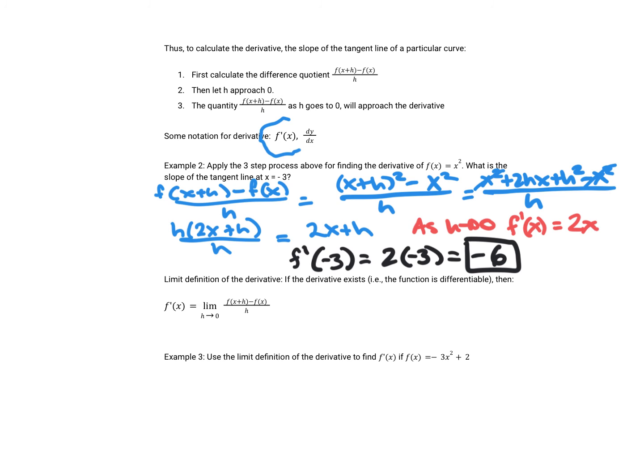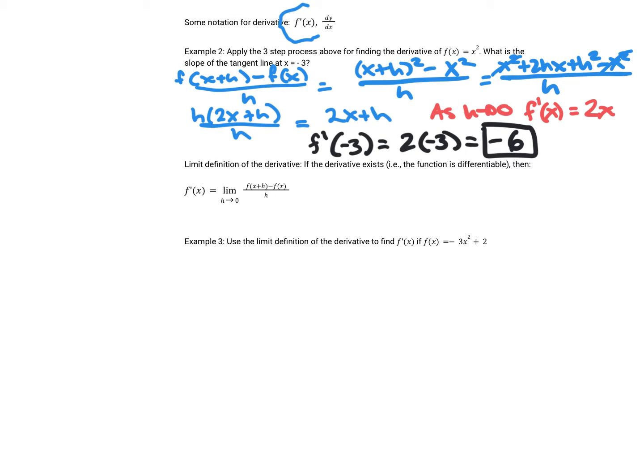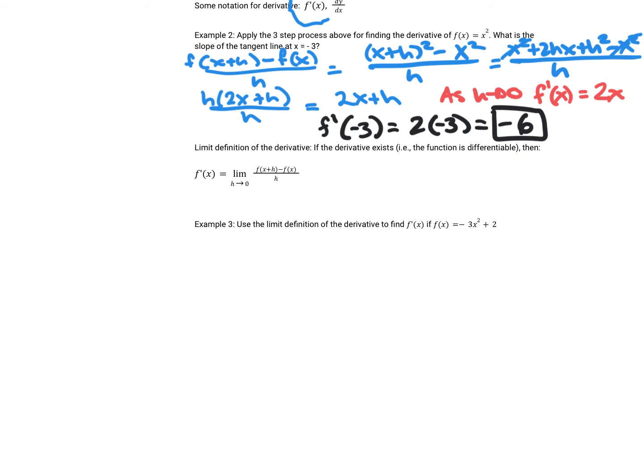Okay, so use the limit definition of the derivative to find f prime of x if f of x equals -3x squared plus 2. Okay, so let's do this here. So f prime of x is equal to the limit as h approaches 0. So we're just seeing, does our difference quotient approach anything as h goes towards 0? And remember, we do f of x plus h first.